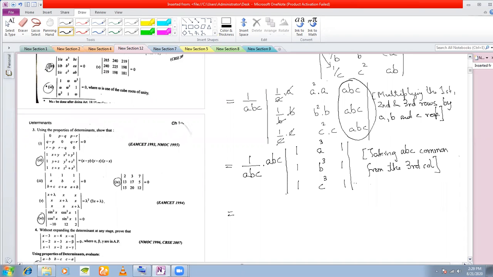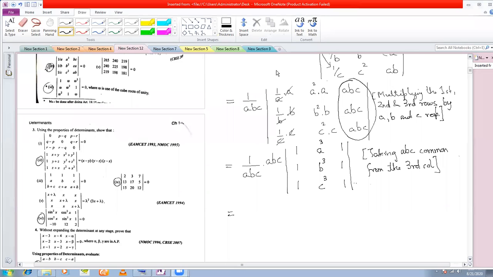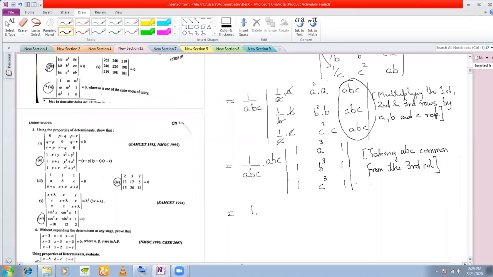Any doubts here? Can you hear me? So this now can be written as 1, and because this column and this column are identical, the value of this determinant is 0.